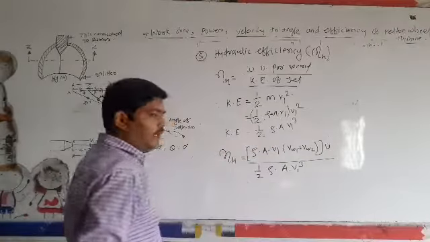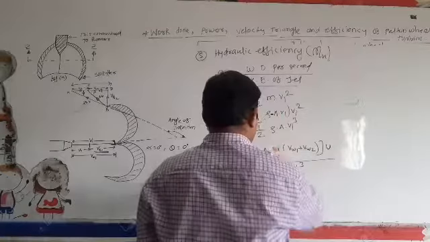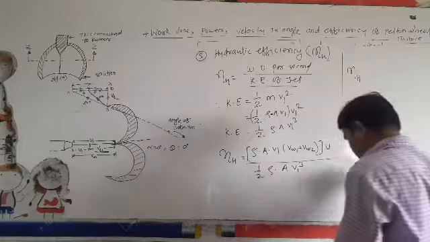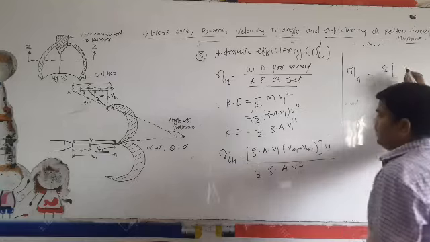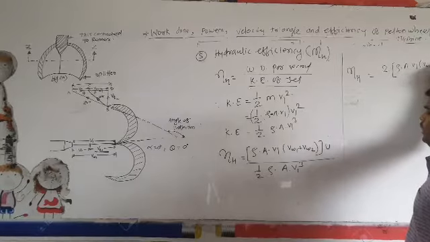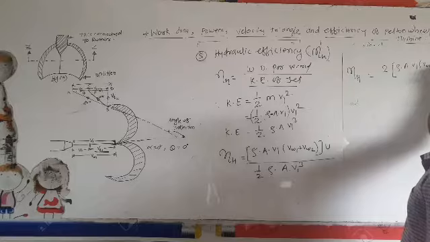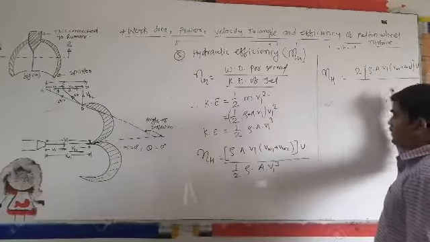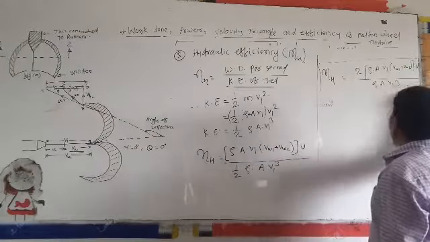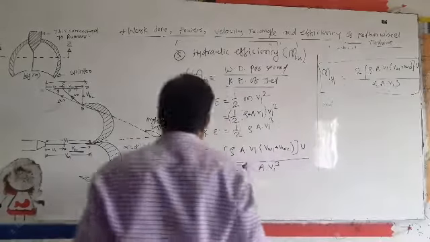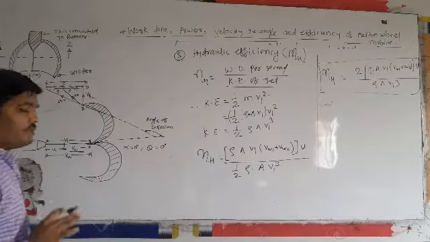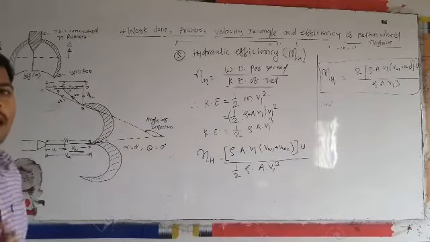This is the kinetic energy of the impact jet. On further simplification, the hydraulic efficiency of the Pelton wheel turbine is equal to 2 (Vw1 plus Vw2) into u divided by v1 squared. This is a very useful exam point of view, and the exam always asks the question: find out the work done and efficiency of the Pelton wheel turbine.